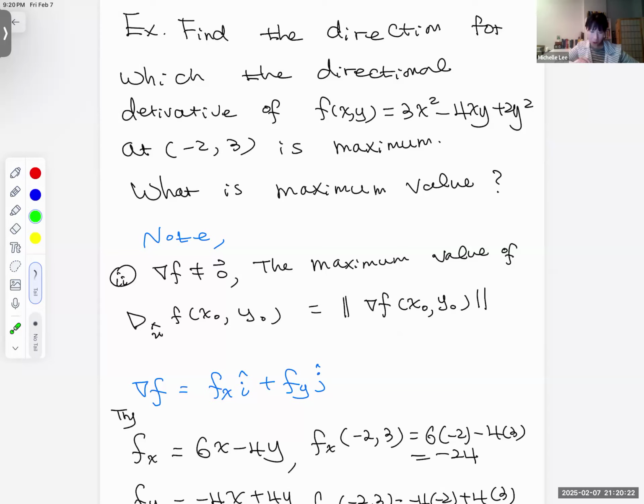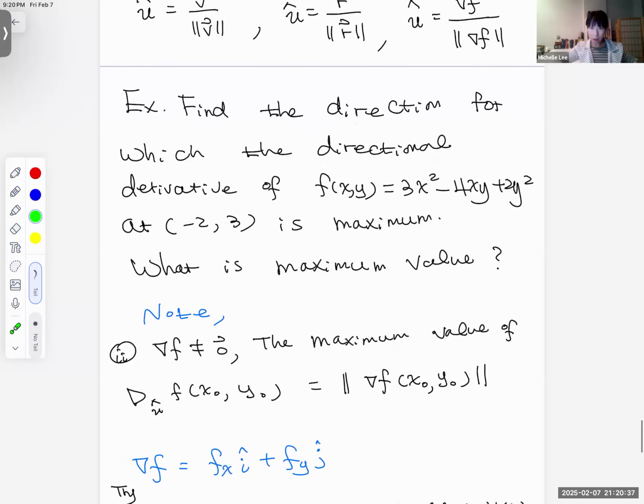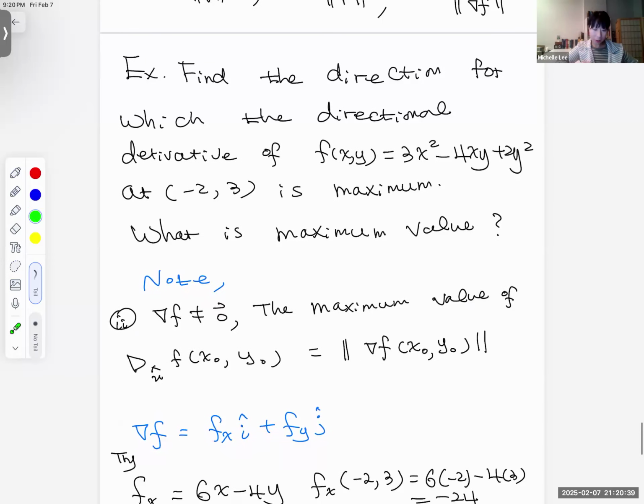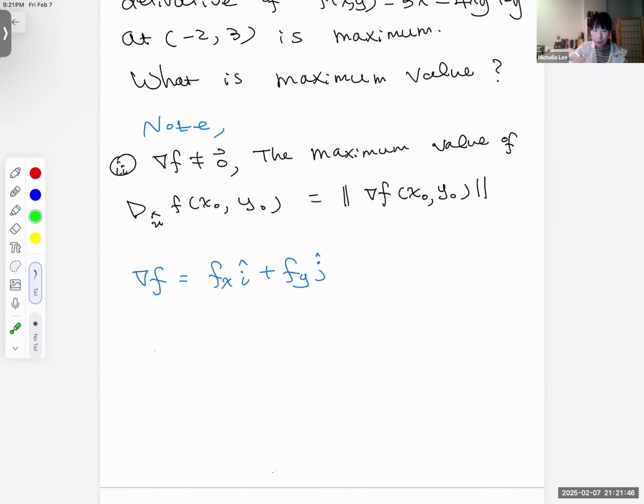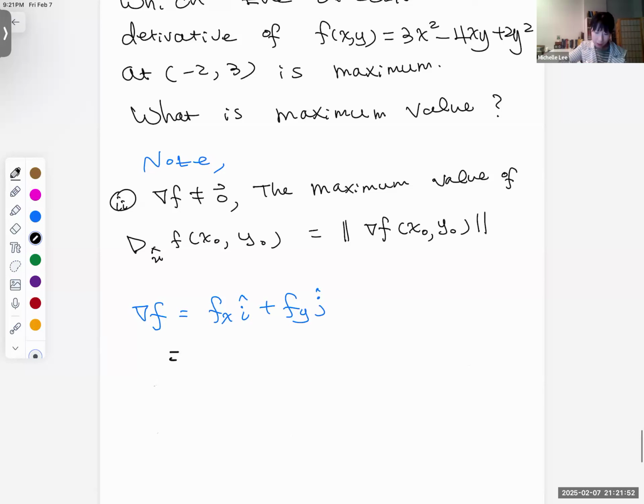We need to find the gradient first: the partial derivative with respect to x times the vector i hat, plus the partial derivative with respect to y times j hat. Oh, sorry, I did not erase. Hold on 1 second. Okay, let's do this one. The partial derivative with respect to x of this function is 6x minus 4y.